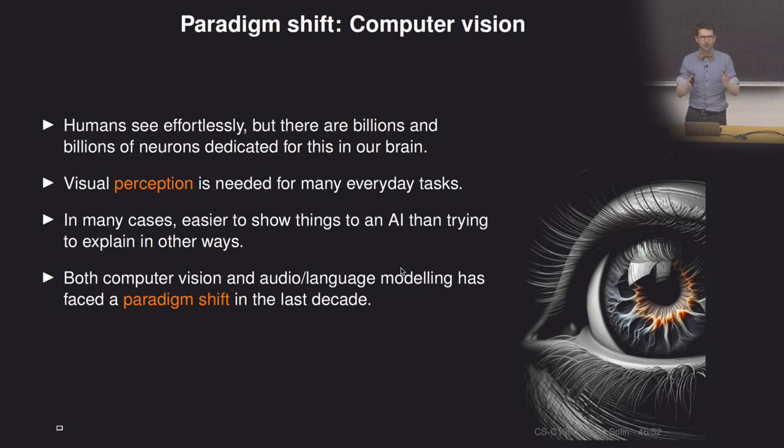But this all shifted some 10-15 years ago when we learned how to make flexible neural network models that can be trained not by telling them the rules, like grammar rules from language or how the physiology behind the human eye works, but just by showing examples of text, examples of images, and then in a data-driven and flexible way, letting the model adapt to the data.